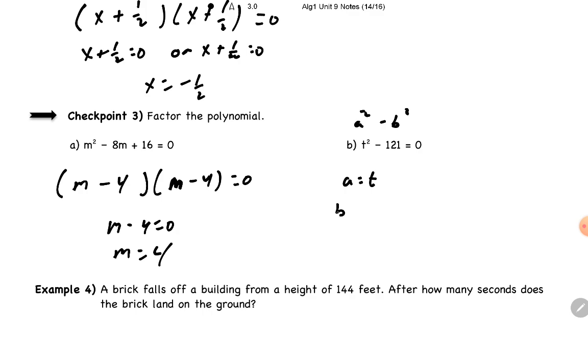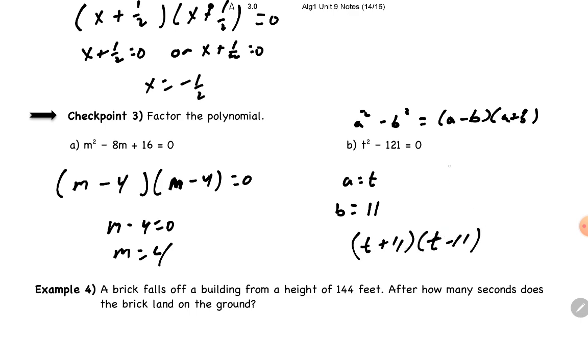A is t, b is 11. So this is going to equal a minus b, a plus b. So t plus 11, t minus 11. And this is all equal to 0. So either t plus 11 equals 0, or t minus 11 equals 0. So t equals negative 11, or t equals positive 11.